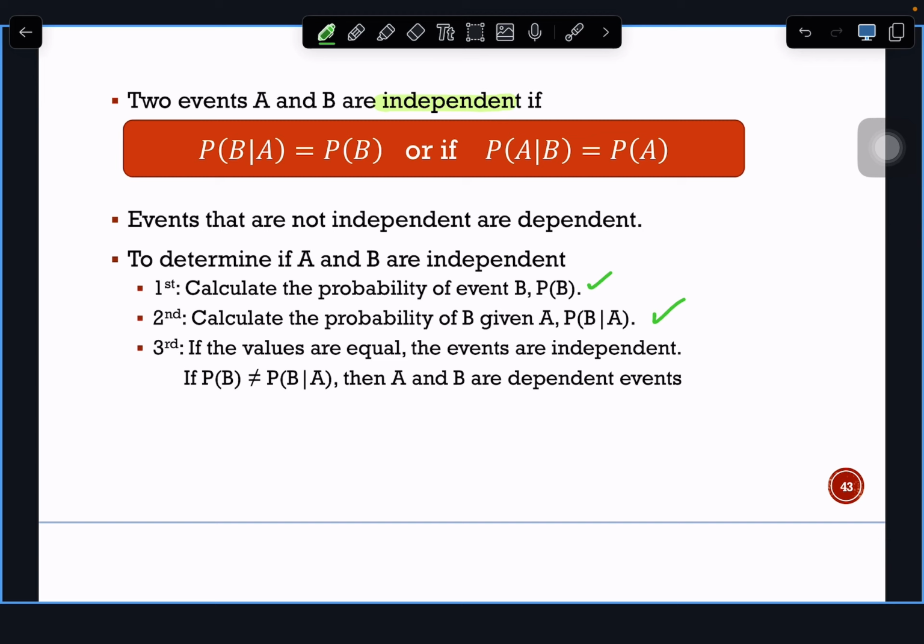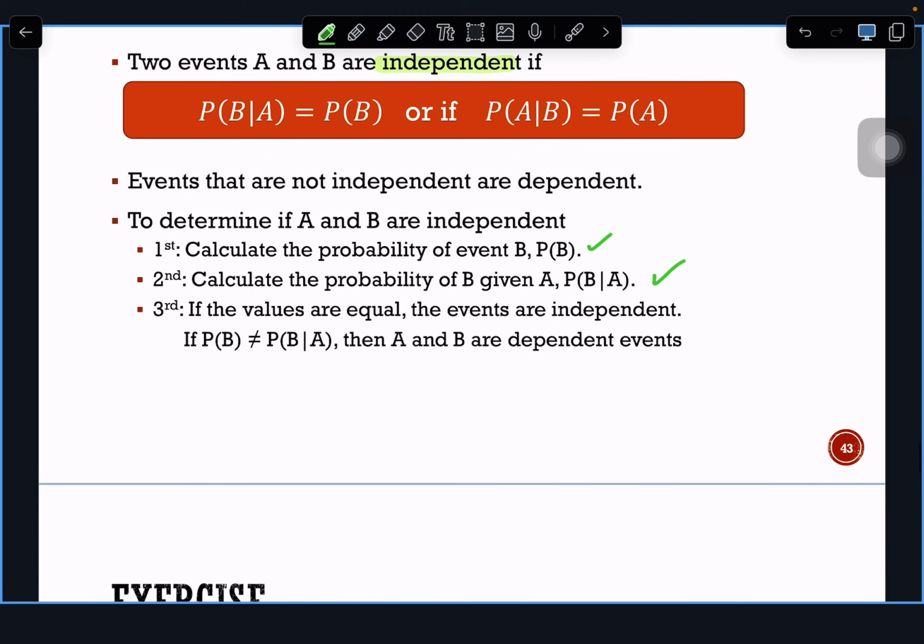If P(B) equals P(B given A), independent. If not equal, dependent.